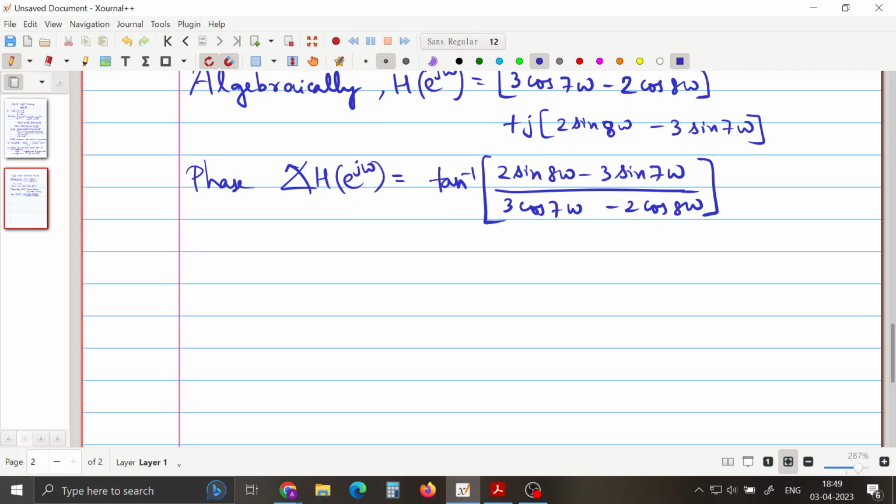For linear phase, we have the phase of the form alpha omega plus beta, right? So you can't equate this with alpha times omega plus beta. It's clearly not a linear phase. So again, you are reassured that this is not a linear phase system.